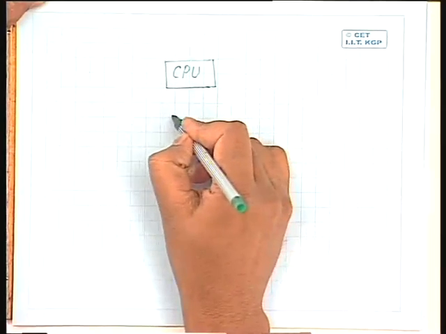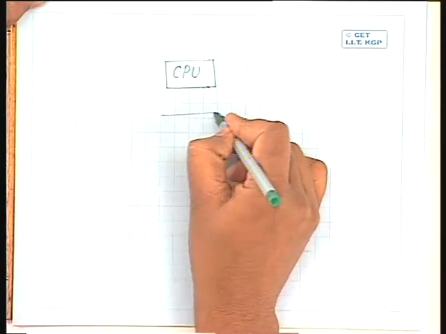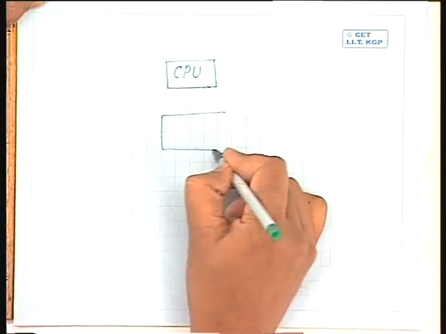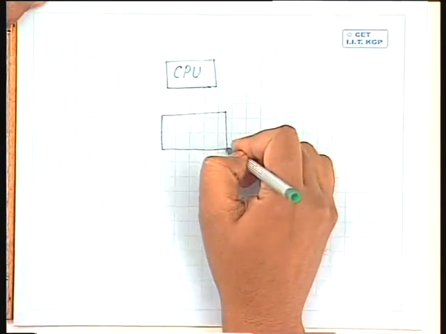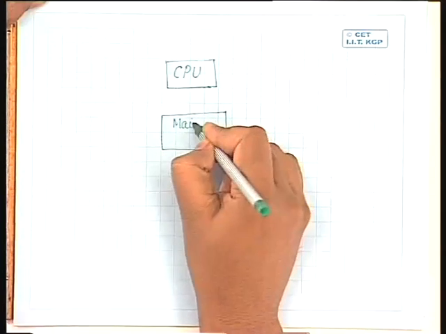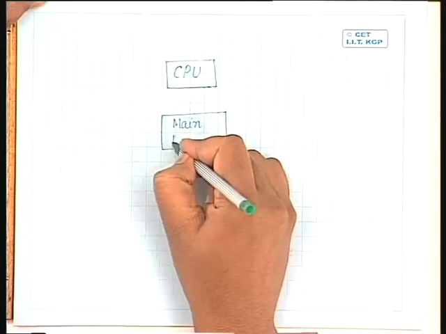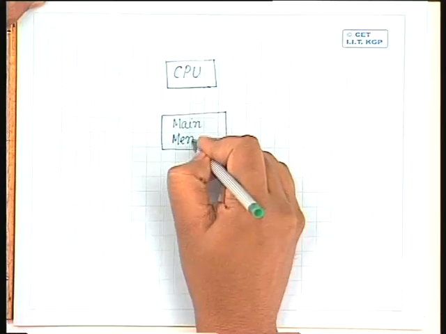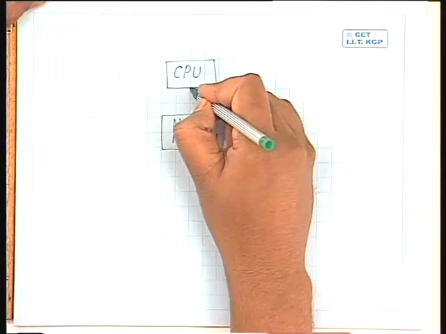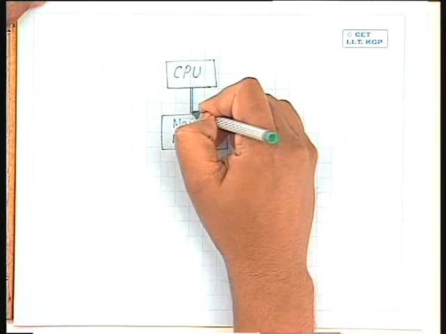So just below the CPU we can put a part of the memory which we will call main memory. So the CPU directly interacts with the main memory.